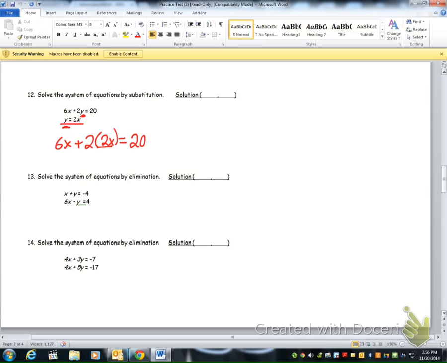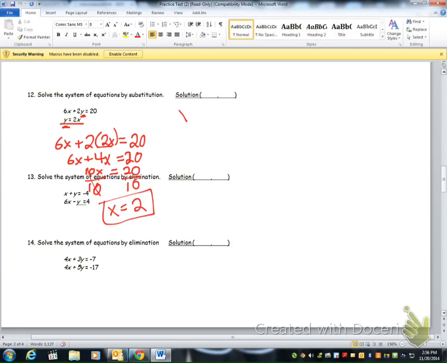And then it's just simplifying. 2 times 2x is 4x, so I get 6x plus 4x. And that gives us 10x, which is 20. And then if I divide through by 10, we get x equals 2. So that's the first part of my solution.